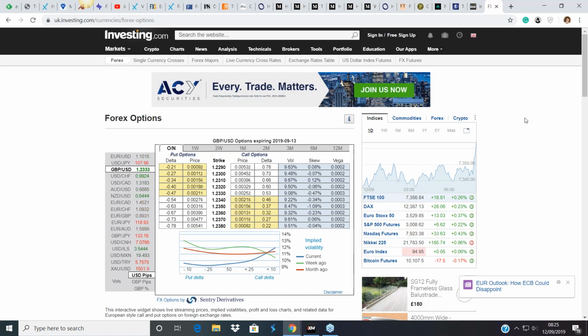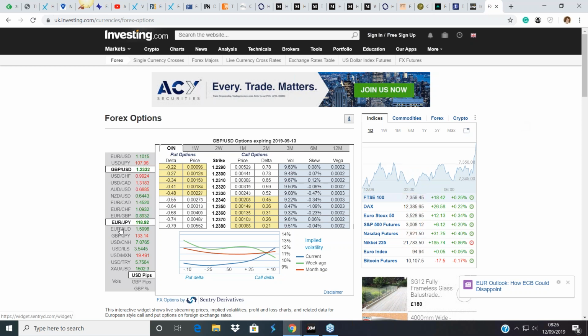So a nice little tool, well worth investigating, and you'll find more and more in commentary on forex. Commentators will be referring to what is the implied volatility for the euro, the British pound, etc.